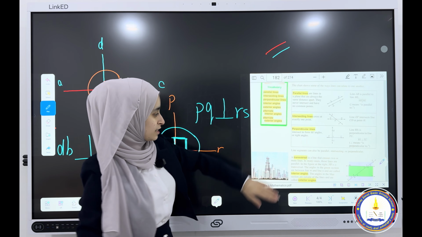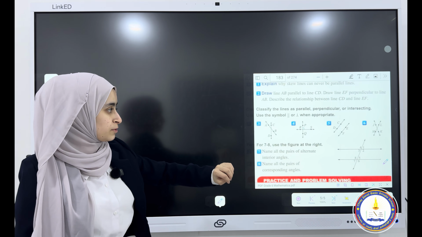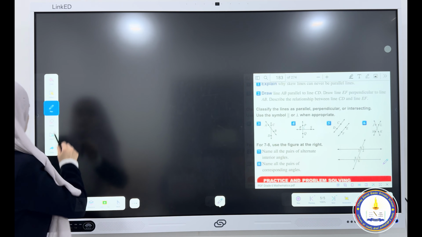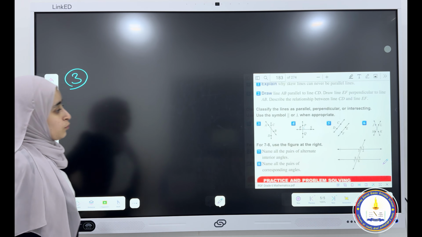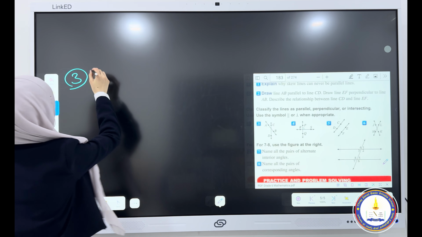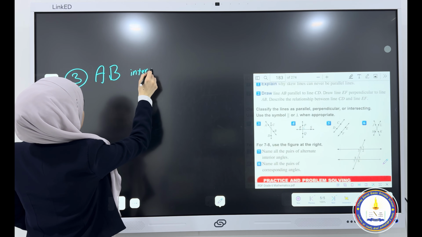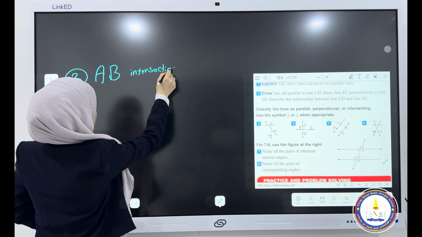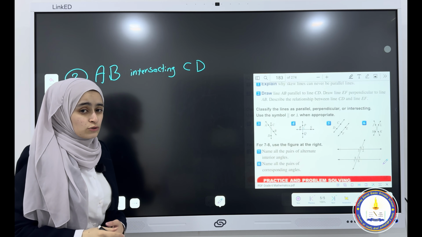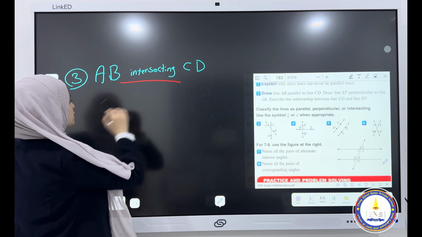Now let's solve these four questions. It says classify the lines as parallel, perpendicular, or intersecting, and when you need it, you can use the symbols. Okay, question 3. We said that question 3 is intersecting, so it means AB intersecting CD, because we don't have any symbol for intersecting, so we will just write intersecting.